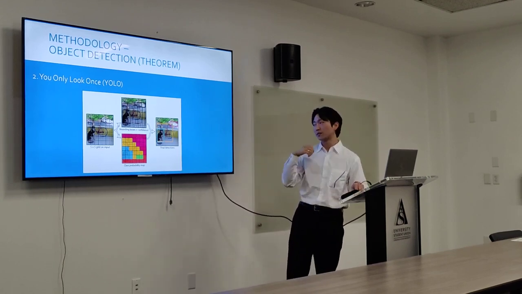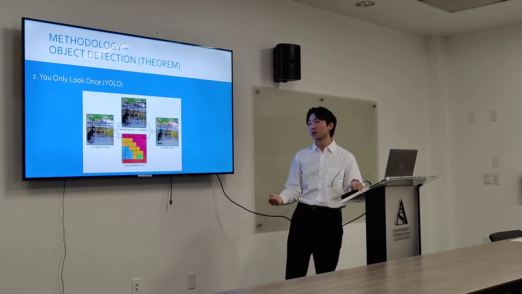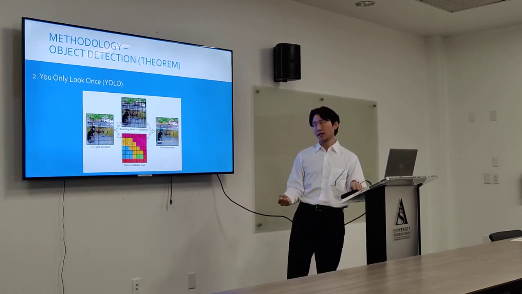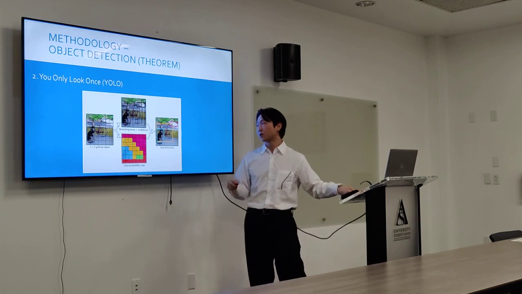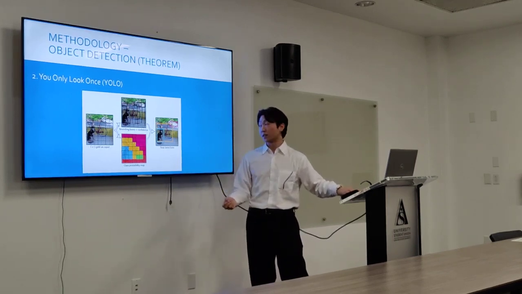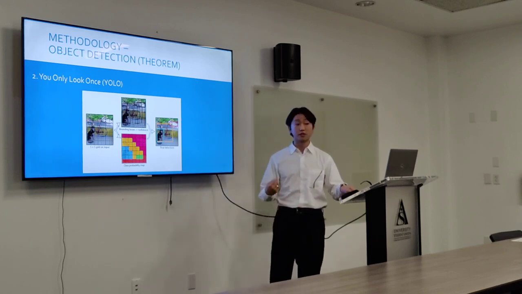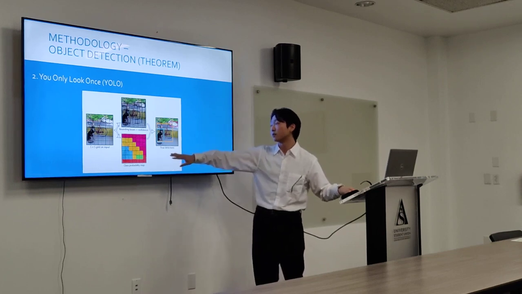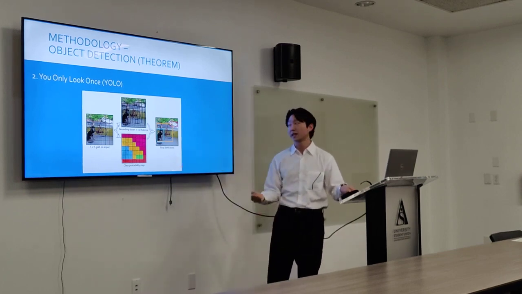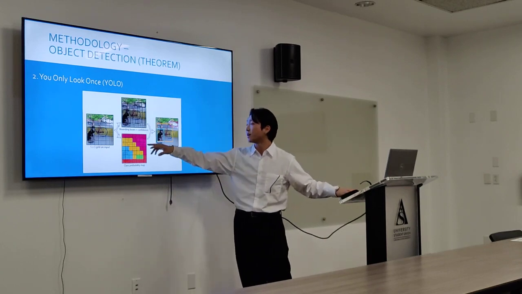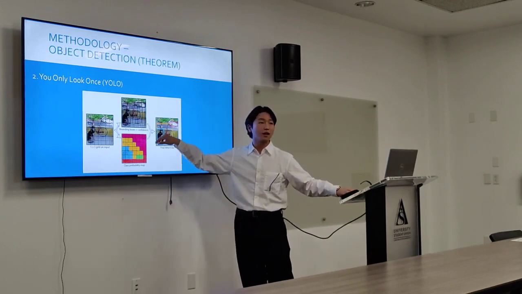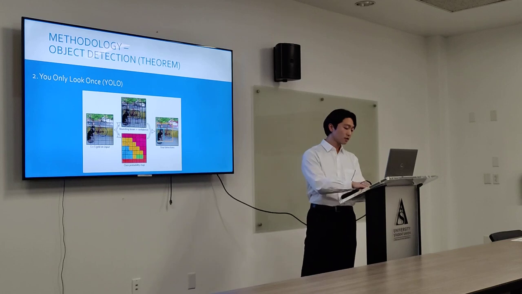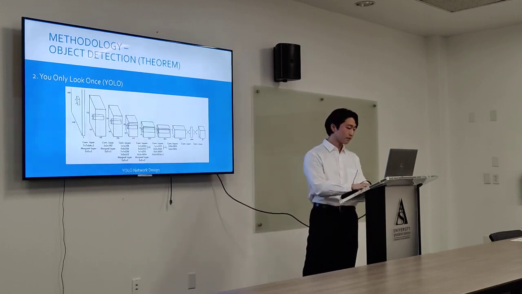This is much more efficient than the sliding window technique using CNN, because sliding window needs to apply different filters and do the same computation over and over again, even though it shares the parameters. But as you can see here, the amount of computation we need is only S squared. So this is much more efficient.